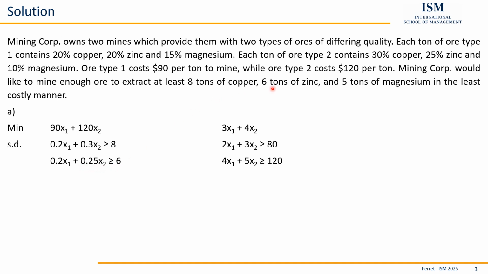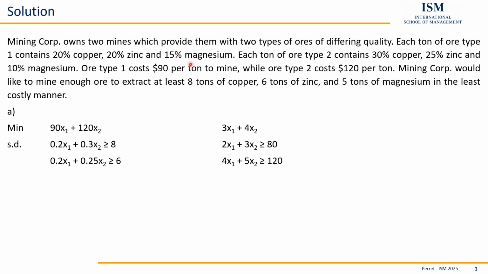This should be larger than the required 6 tons of zinc. Again, to avoid having decimals, we can multiply all of this, however, as compared to the first one, we multiply here with 20, giving us this constraint. Well, that was the second one.